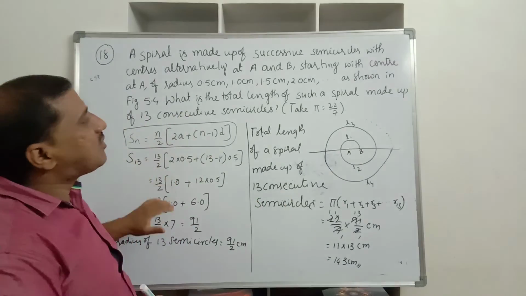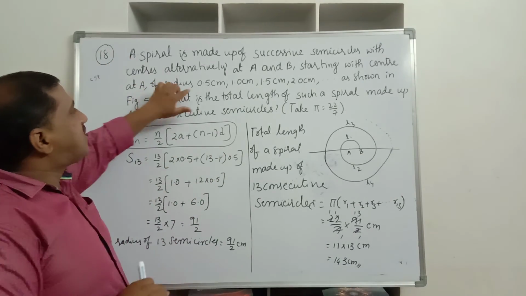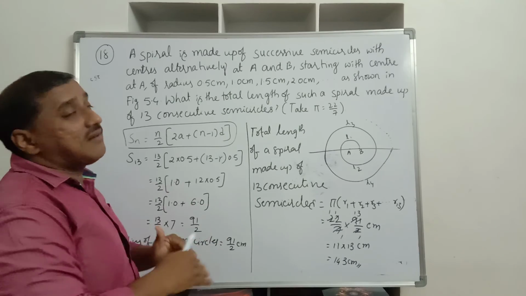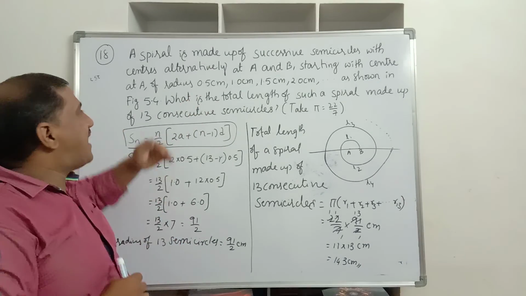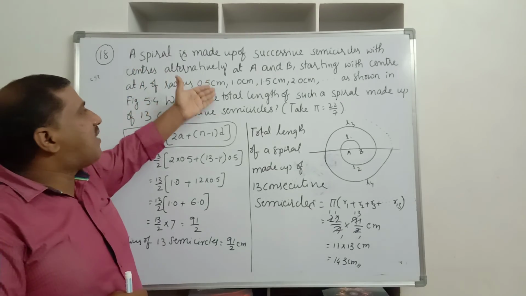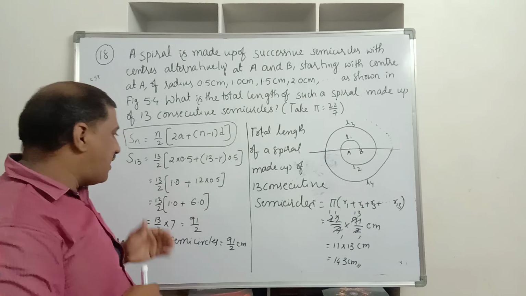So in this question there are two parts. First we need to find the total length of the 13 radii of the 13 semicircles. As we know, the radii 0.5, 1.0, 1.5, 2.0 are in arithmetic progression.